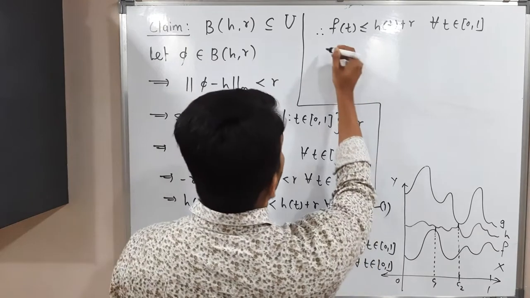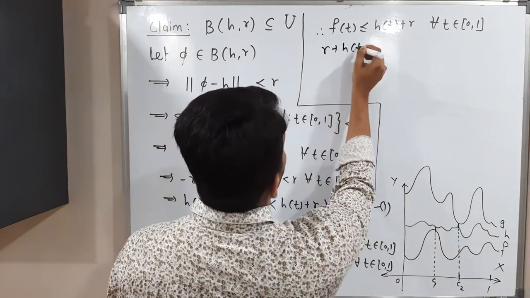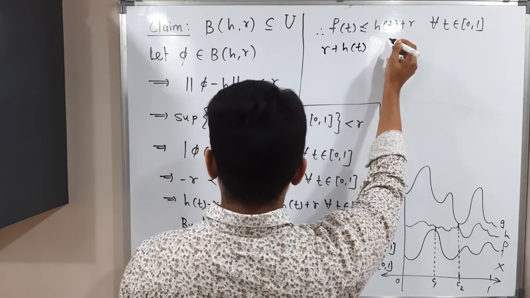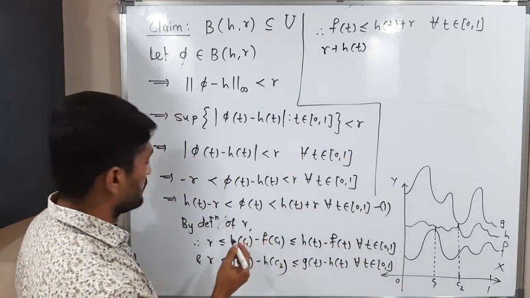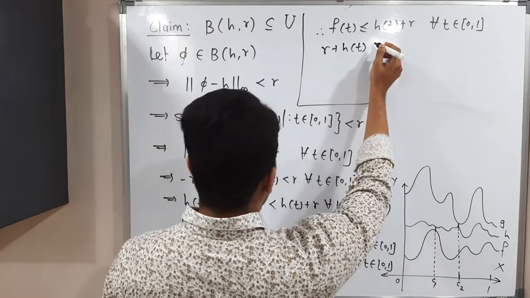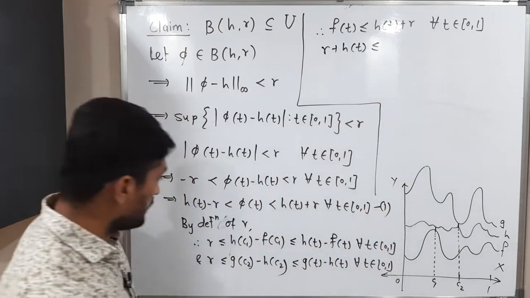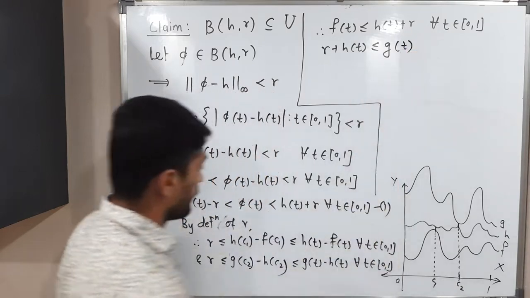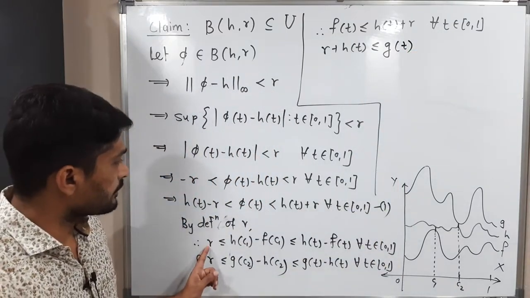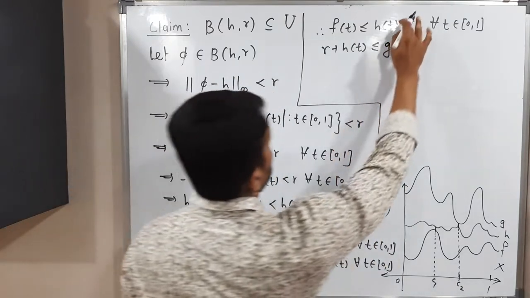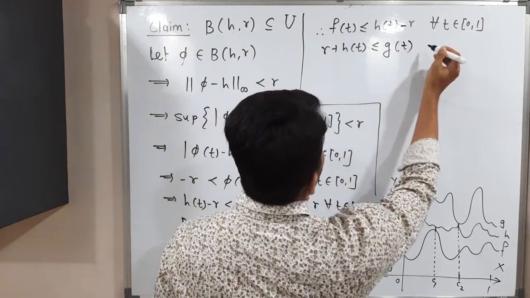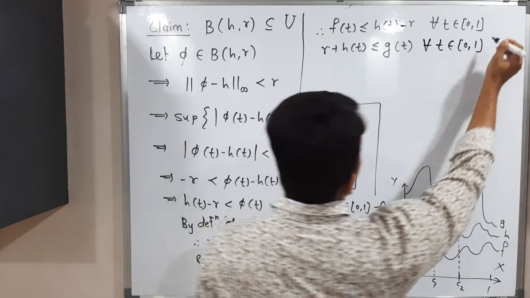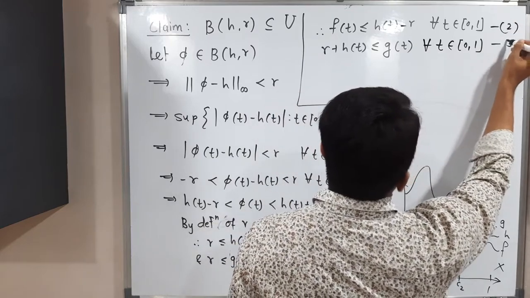So we'll have r plus h of t is less than or equal to g of t. If you shift r on that side, it will have a minus sign, so I should mention the minus sign here, for all t belongs to closed interval 0, 1. I will call it as 2 and I will call it as 3.